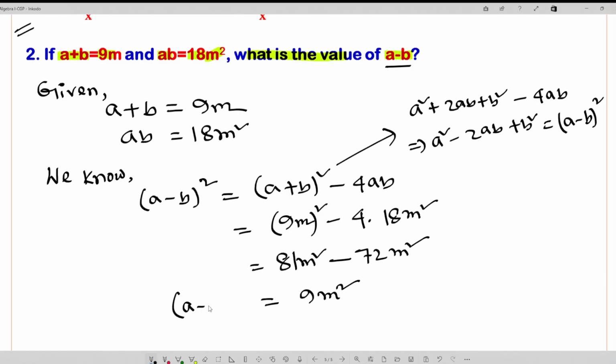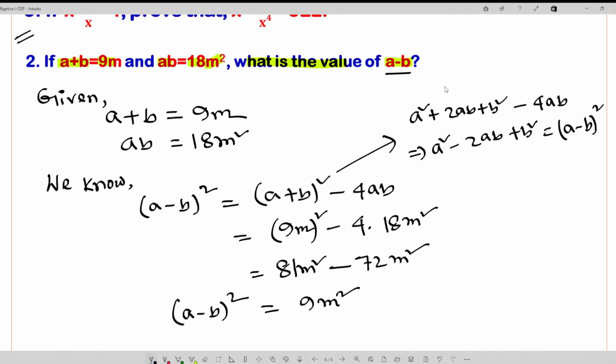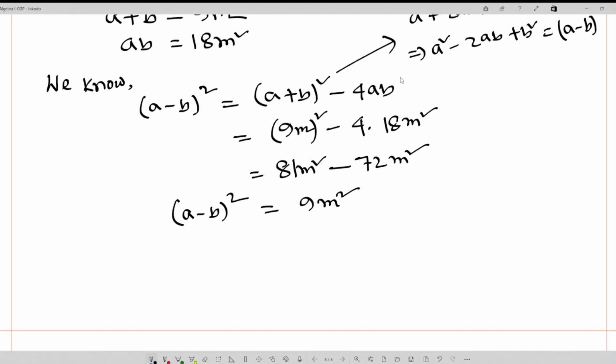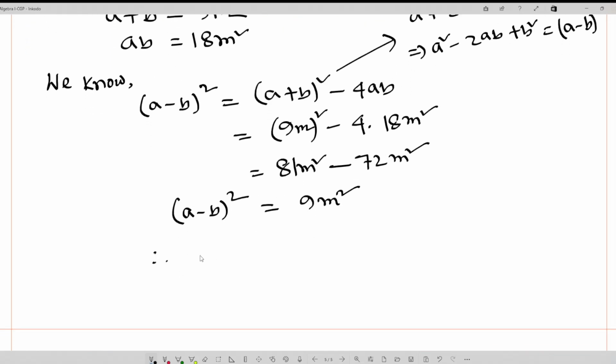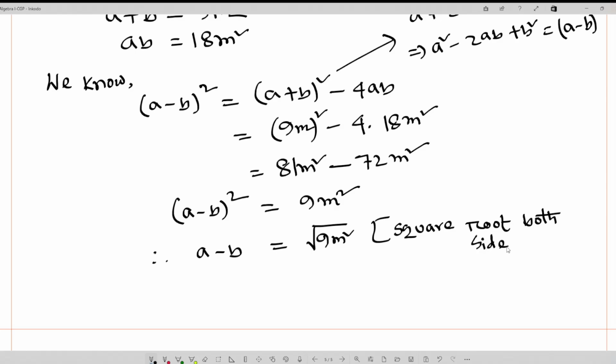So this is a minus b whole square equals 9m square. Our target is to find out the result of a minus b. So a minus b equals square root of 9m square, square root both sides, right?